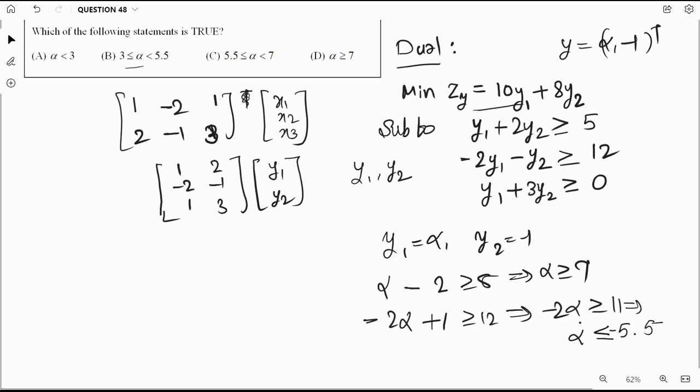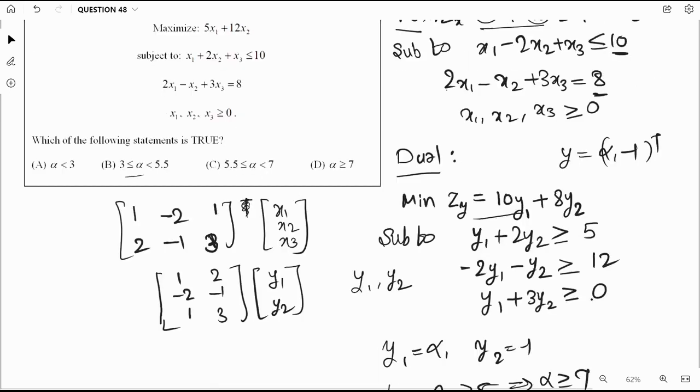I think I messed up something here. Okay, in this coefficient matrix we had 1, minus 2, minus 1. We don't have minus twice x2 here, we have plus, so this will be plus.